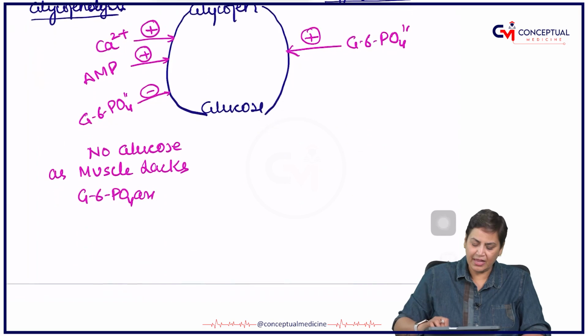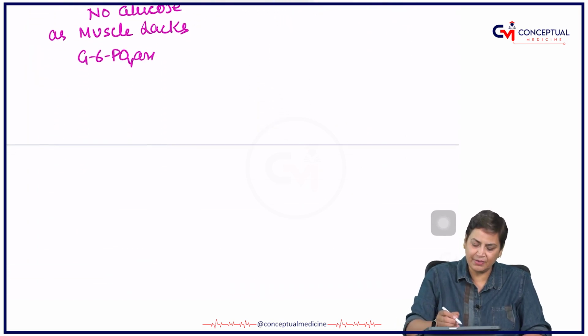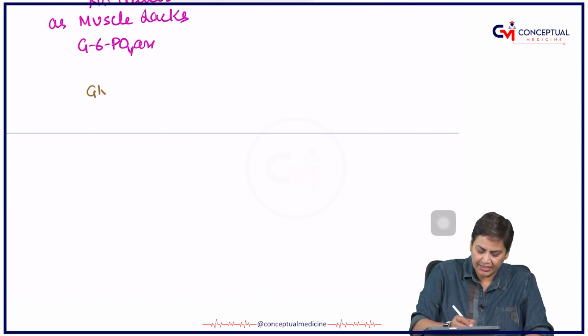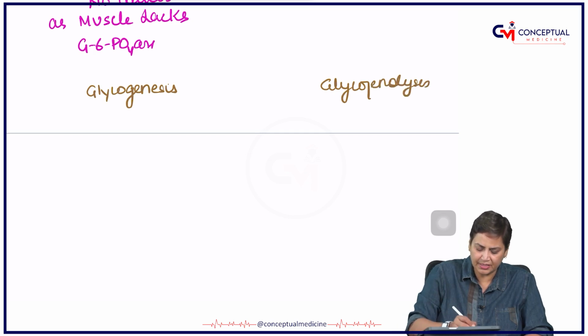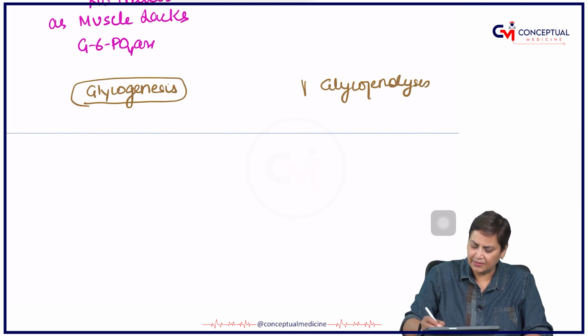Okay. And if we have to again summarize this, I can simply say that here glycogenesis is there and here glycogenolysis is there. Now you should be able to remember all the basic terminologies in this.